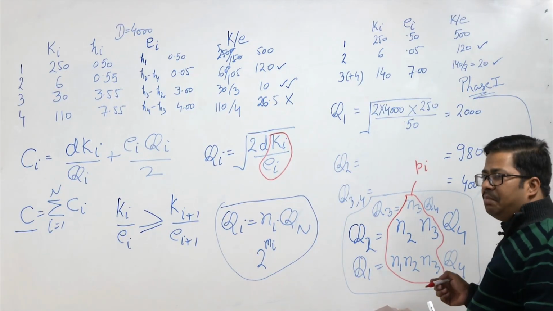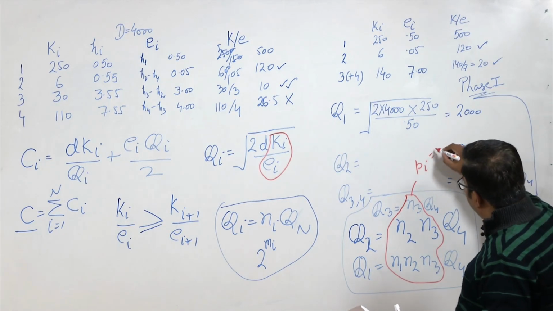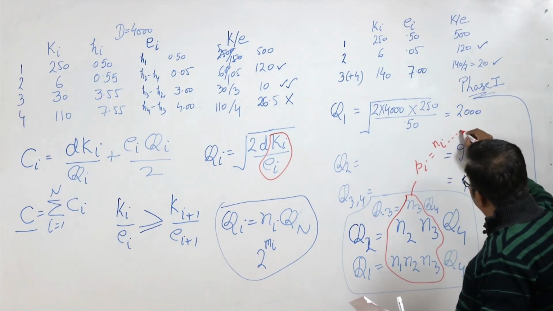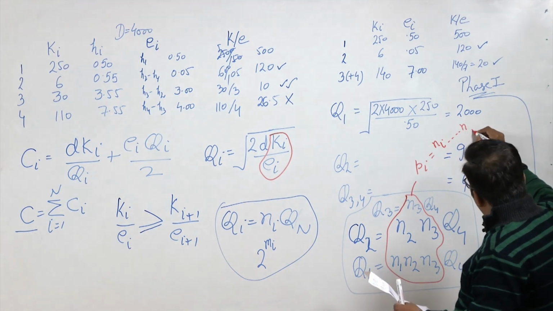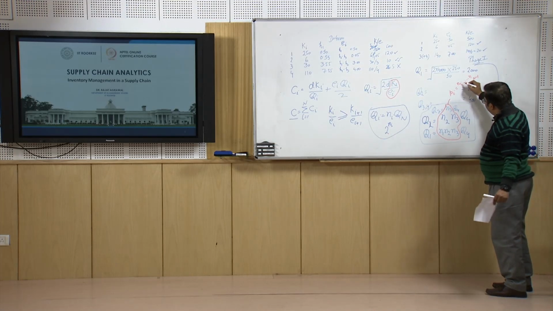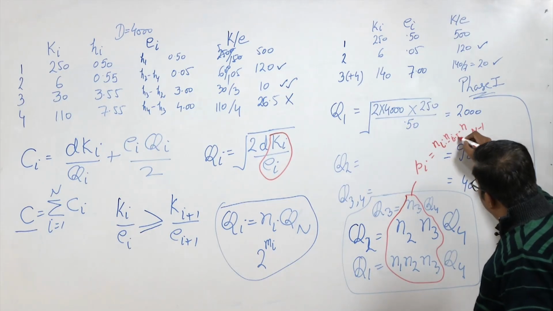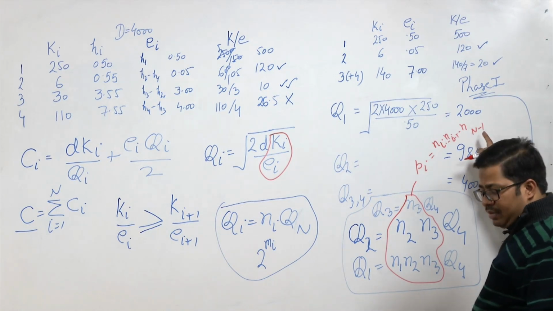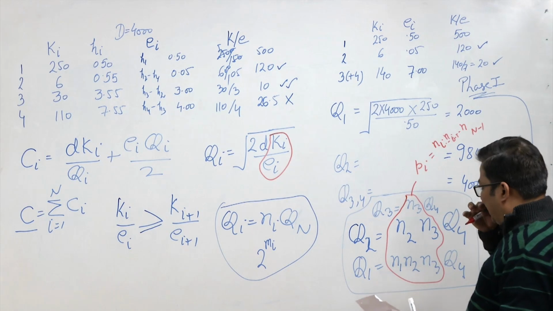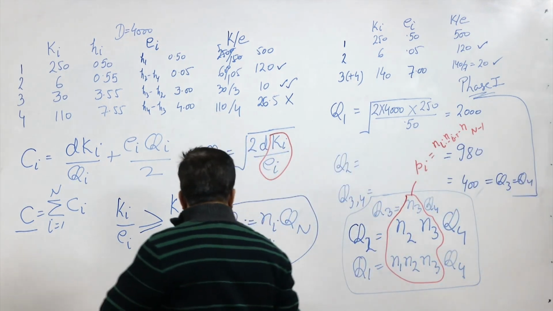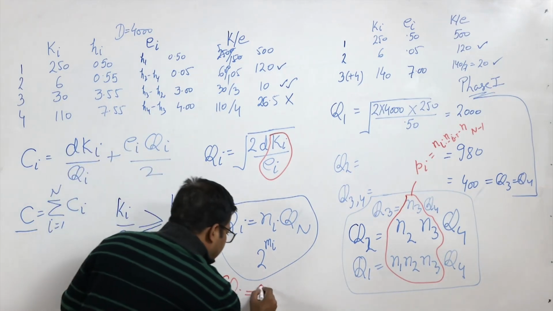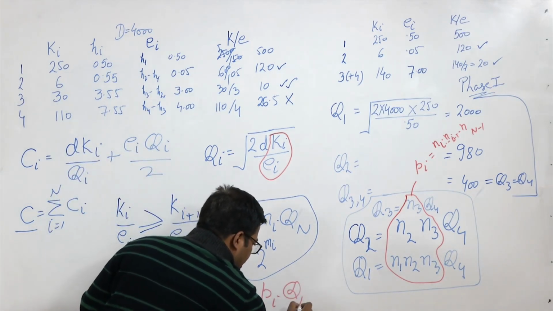So in general, Pi will be Ni into Ni plus 1 and so on up to N minus 1. With the help of this, we can generalize the relationship as Qi equals Pi Qn.